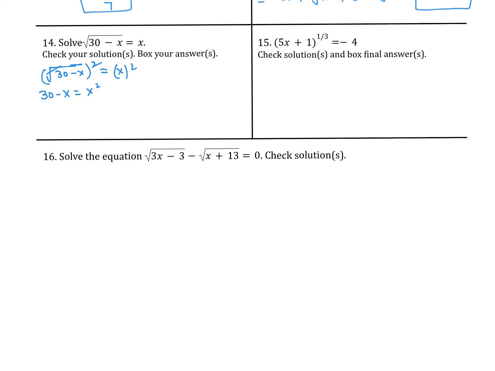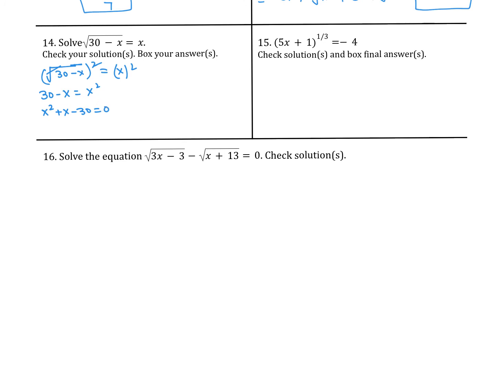When you make it into one equation, you add x on both sides and subtract 30 on both sides. So this equation becomes x squared plus x minus 30.